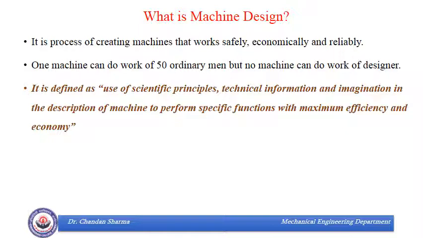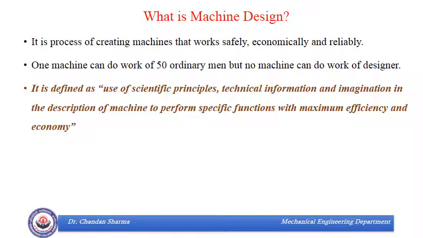Machine design can be defined as the use of scientific principles, technical information, and imagination in the description of a machine to perform specific functions with maximum efficiency and economy. These three aspects are very important for machine design, that is, use of scientific principles, use of technical information, and imagination, which is also very important.